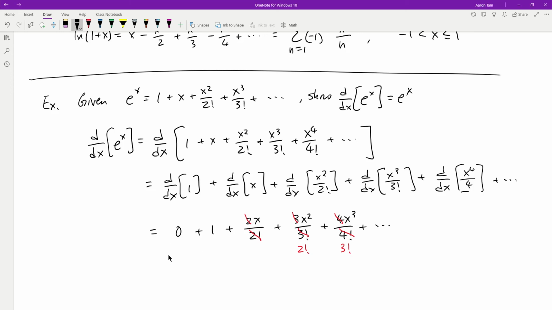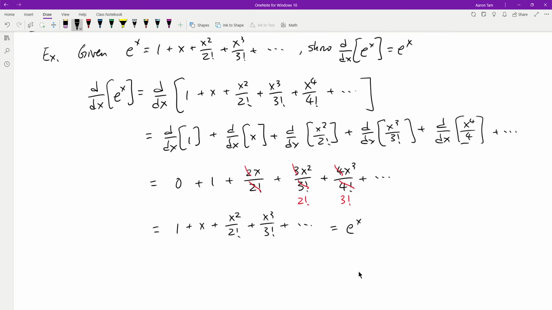And notice that the first term disappears. Now if I look at the rest of the terms, it just becomes 1 plus x plus x squared over 2 factorial plus x to the third over 3 factorial plus ... which is technically the exact same thing as the power series that we started with. And that's the reason why it goes back to e to the x. So I think that's pretty neat.